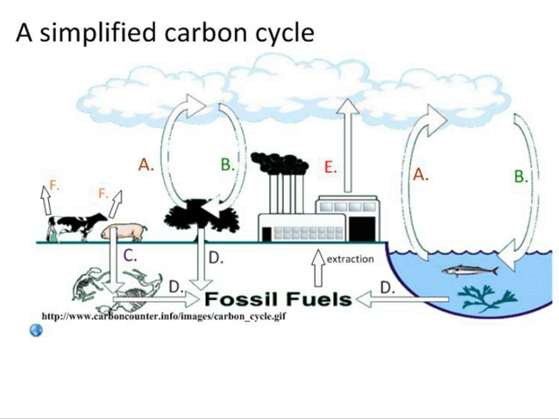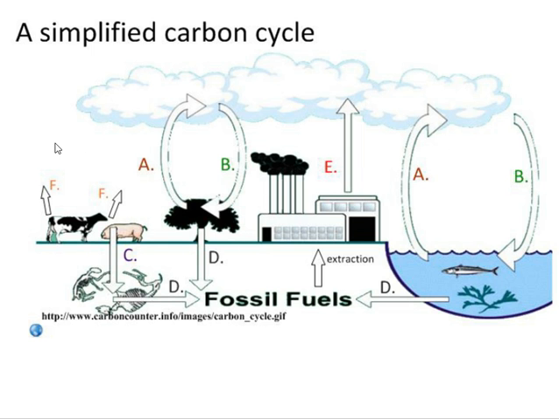So here again is that simplified carbon cycle. It's probably looking a little bit less scary now than it was before. A couple of key words we might want to remember are the words pool and flux. A pool is where we get a reserve of carbon. So here's a reserve in plants: the carbon found in the sugars and all the organic materials in plants and animals is a pool of carbon.